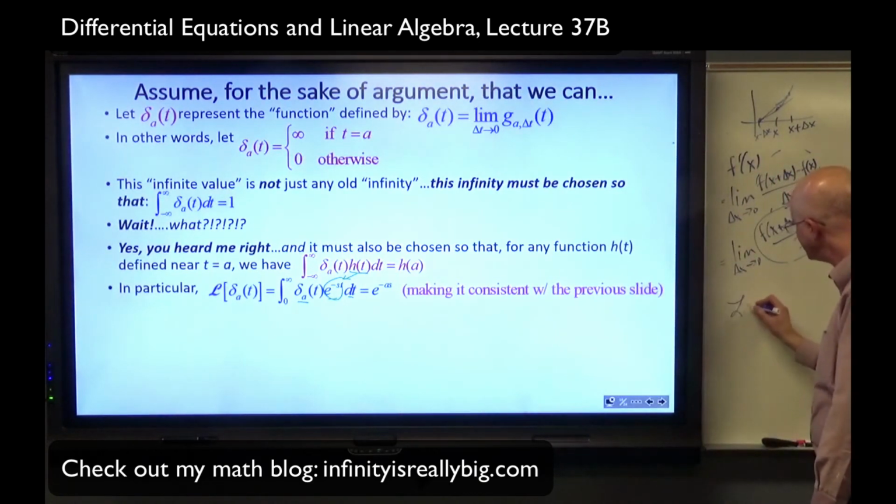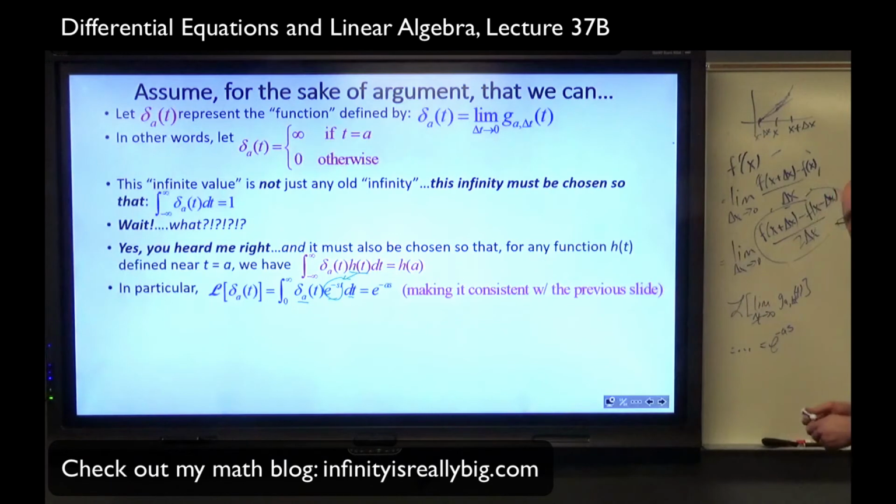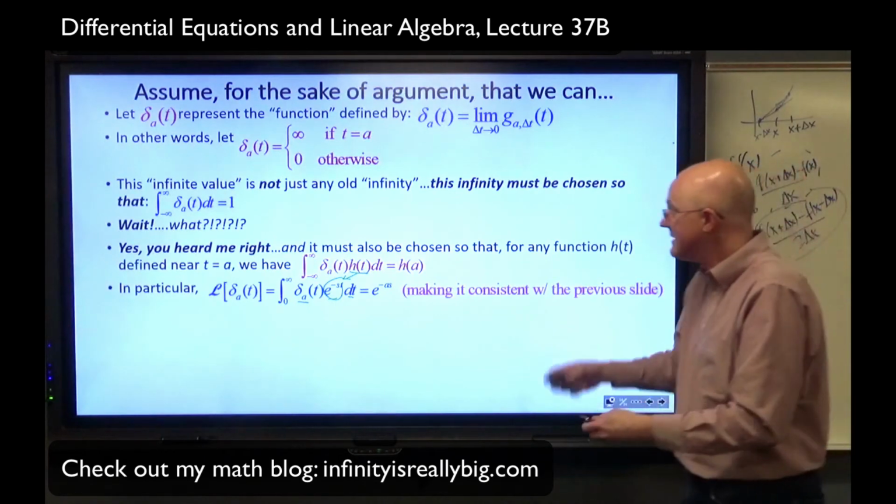That the Laplace transform of the limit as delta t goes to 0 of the g sub a comma delta t of t we saw was e to the negative as when I did the limit. It's consistent with that.